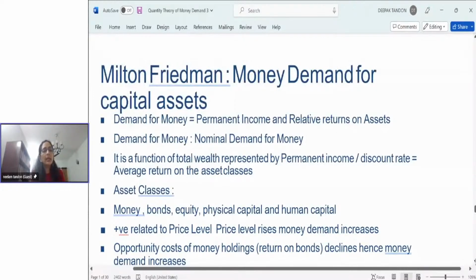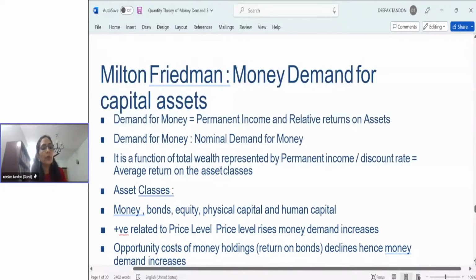Permanent income is the income which includes income from salary and other sources, plus the expected return on assets, which has to be discounted by the discount rate, so that you can know the expected return. That is how you calculate returns.